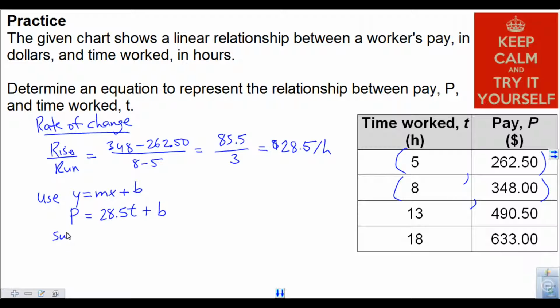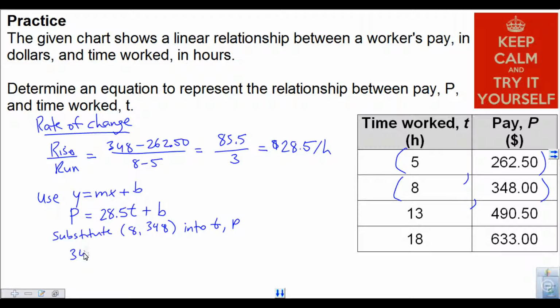Now let's substitute a point. Let's pick the second one. Let's substitute 8, 348 into t and p. Now remember, it doesn't matter which points you use. You should end up with the same answer at the end.